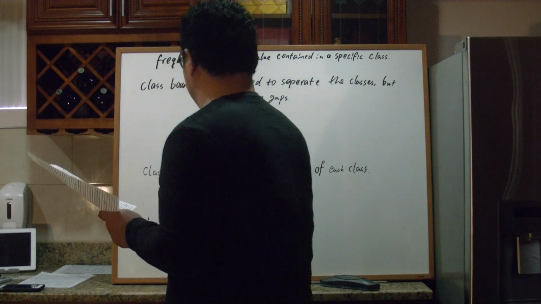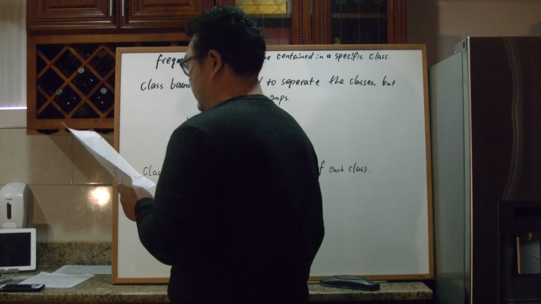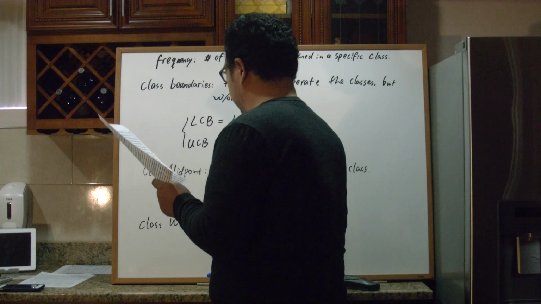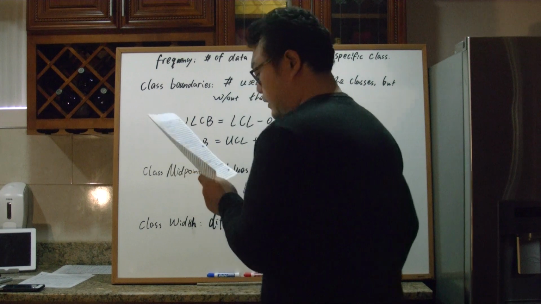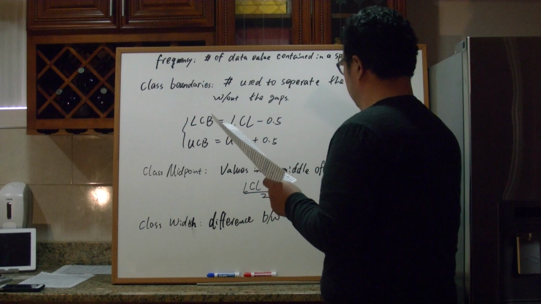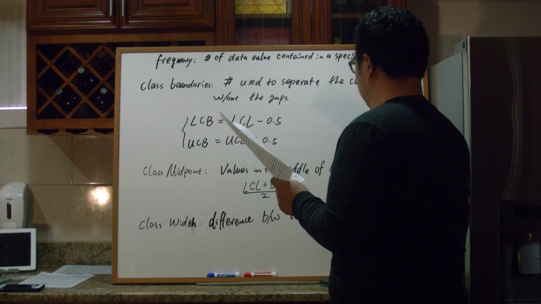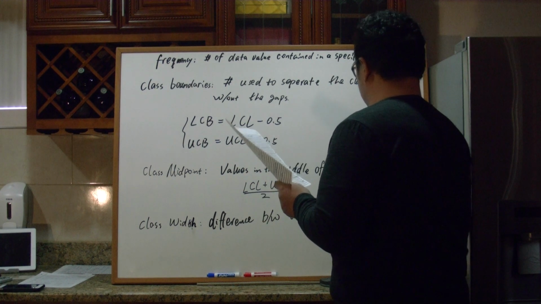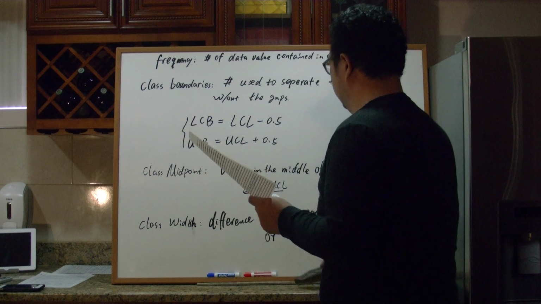For class width, we make sure that the width of each class is equidistant. Therefore, it is the difference between two consecutive lower class limits or two consecutive upper class limits.